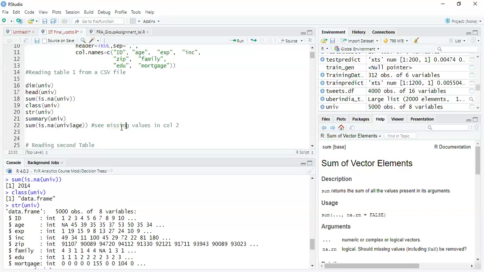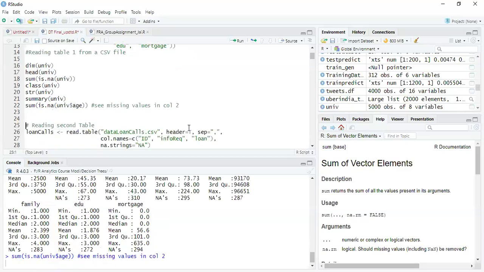Or if you want to look at a particular column and find the number of missing values in that column, we can write this simple function: sum of is.na, the name of the data set, dollar, the name of the column.